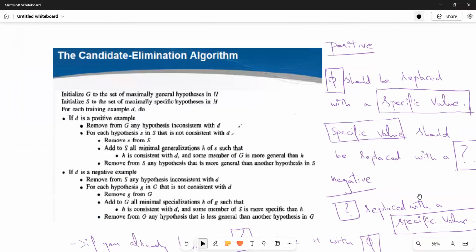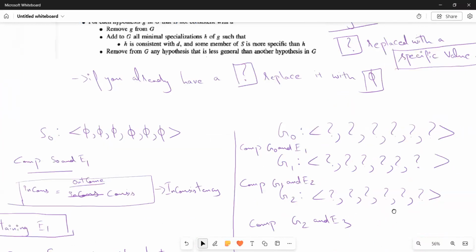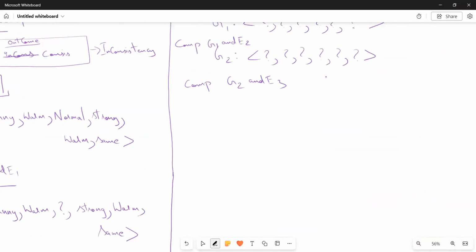So what has happened here? Your hypothesis is consistent, so what should your outcome have been? Your outcome should have been consistent, right? But it is not, which adds up to an inconsistency.